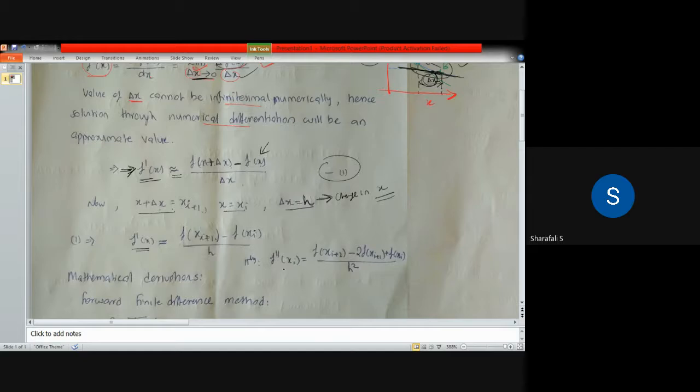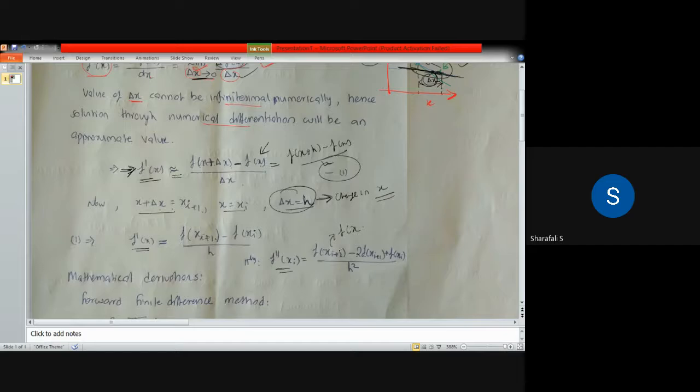Similarly, you can look for second order differentiation, f double dash of xi, which will be equal to f of xi plus 2 minus 2 times f of xi plus 1 plus f of xi, divided by h square. If you consider delta x equal to h, the first one becomes f of x plus h minus f of x, divided by h.